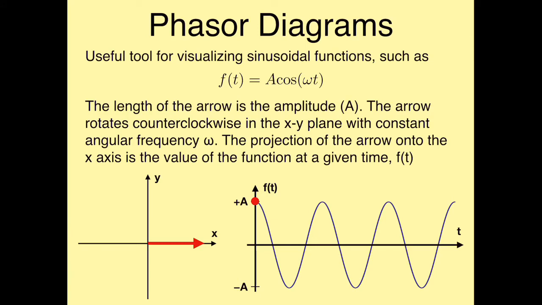Okay, so if we take a look at the animation now, as the arrow rotates, just keep track of the x-coordinate of the tip of the arrow. Whatever the x-coordinate is, that is the value of our function f(t). So what we're doing is representing the behavior of this sinusoidal function by using a rotating arrow. And that's really what a phasor diagram is. A phasor is just that rotating arrow.